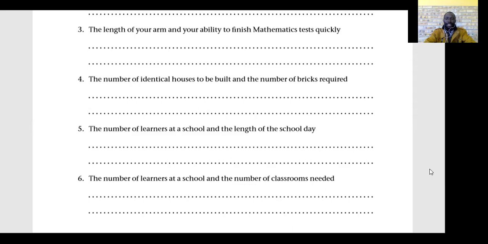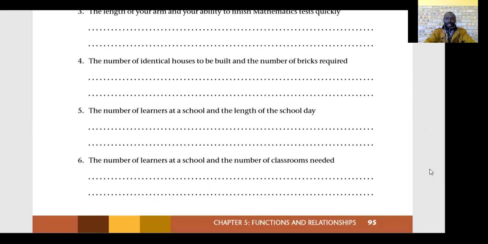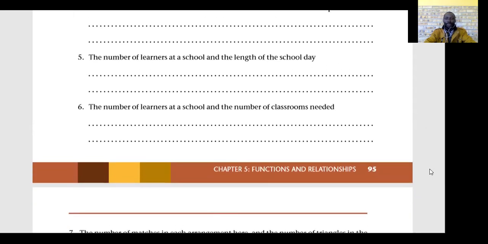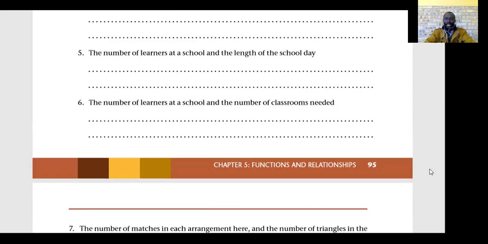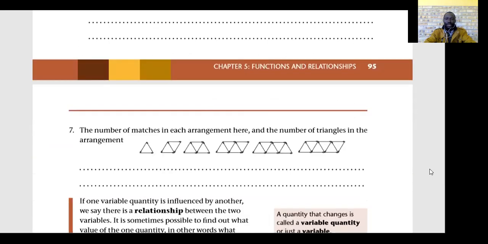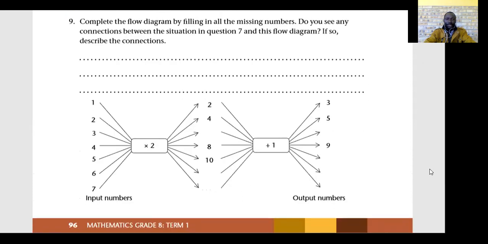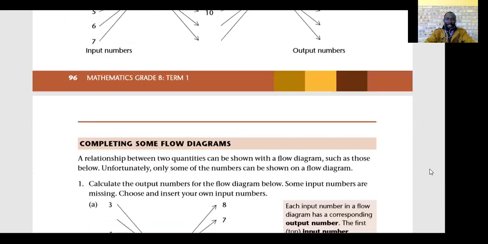Then you move on to part B, if they are directly related. Then part C, you will also say whether they are directly related or not directly related.